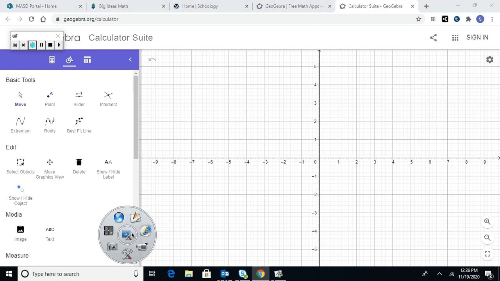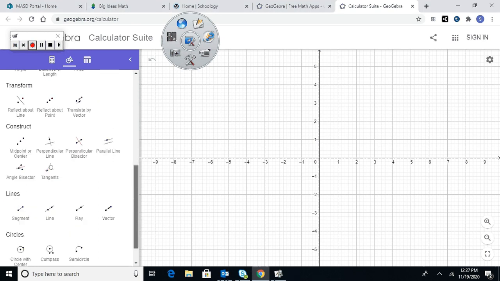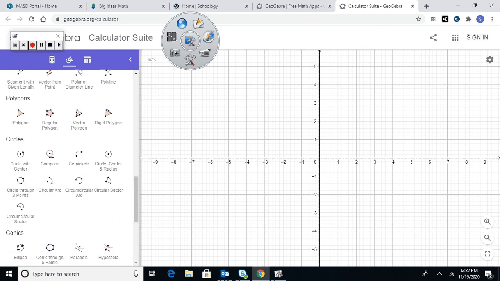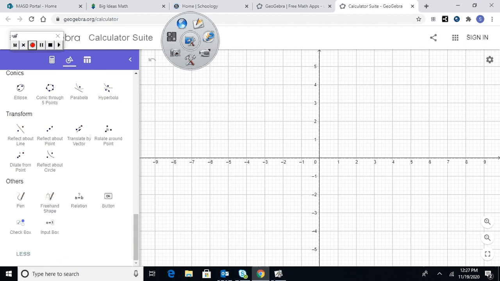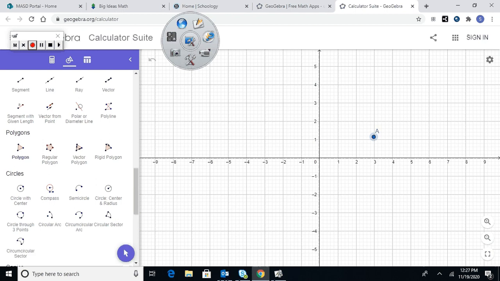All right, so first, let us place a triangle polygon. All right, I'm just going to put a triangle up here somewhere. That looks good.